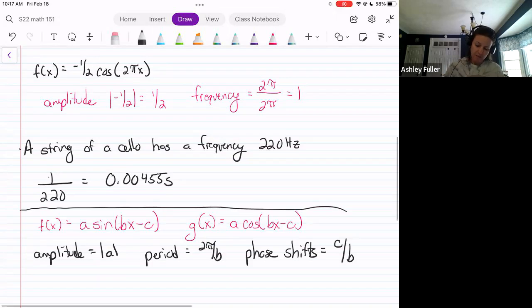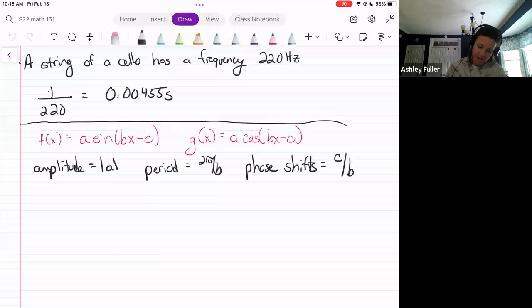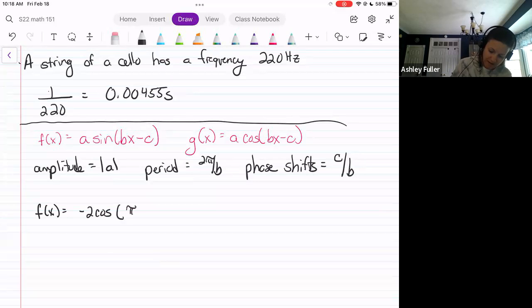Well, what does that mean? That's where this picture is going to come in. Let me move my picture down one more time. If we consider the graph of f of x equals -2 cosine of pi x minus pi, we can determine that the amplitude is going to be 2. So it's going to range between -2 and 2.